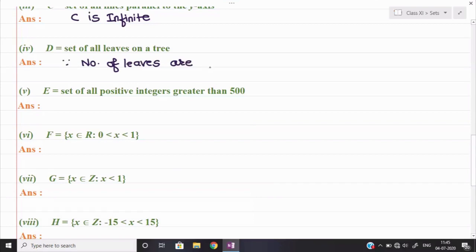Okay, you know that this process is difficult. Counting the number of leaves will not be so easy a task, but this process will definitely come to an end, so we can say that the number of leaves is countable, therefore D is a finite set.